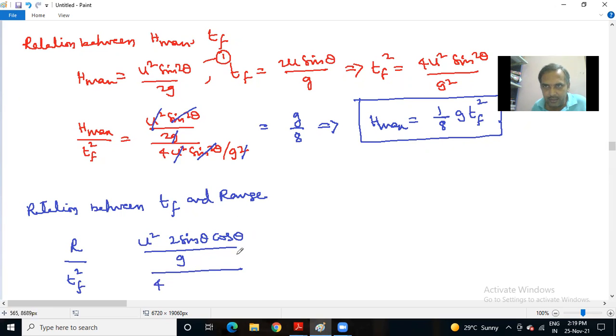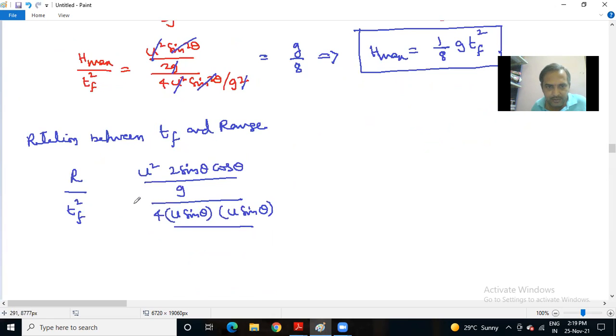Let me write u sine theta with one combination here and u sine theta with another combination, divided by g square.